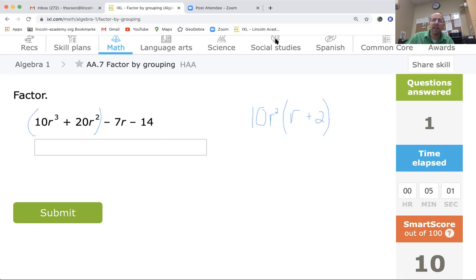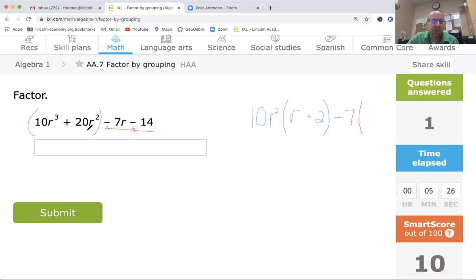Now again, we're going to look at the second two terms. Now I'm going to just underline this. Just be careful, I have a negative on both of them. So I'm going to factor out a negative plus whatever else is in common with them. So what's in common with the 7r and the 14? Excellent. So I factor out a 7.